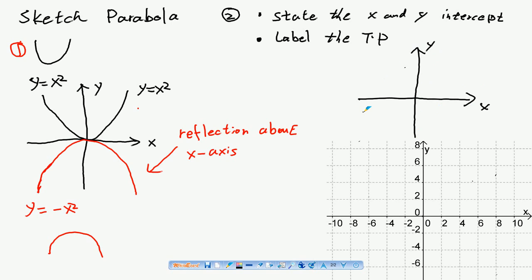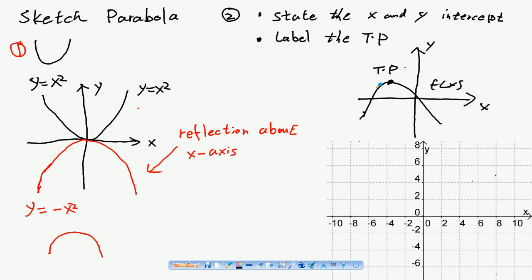Just because the function of x is a parabola, the point here we call a turning point.